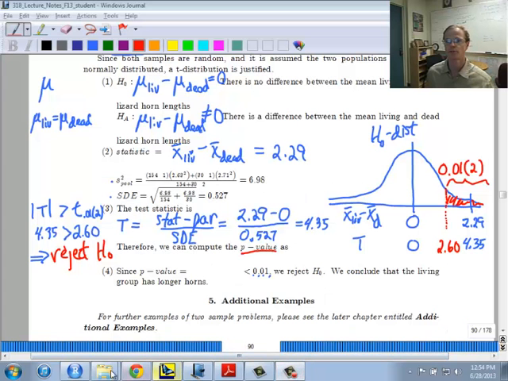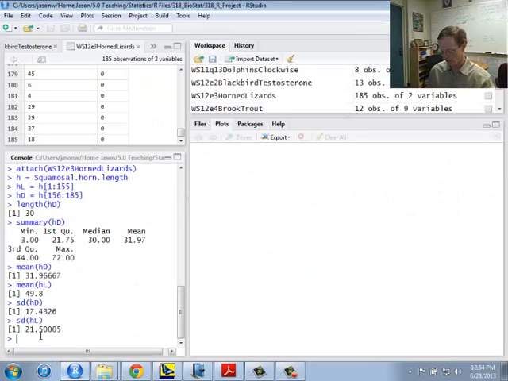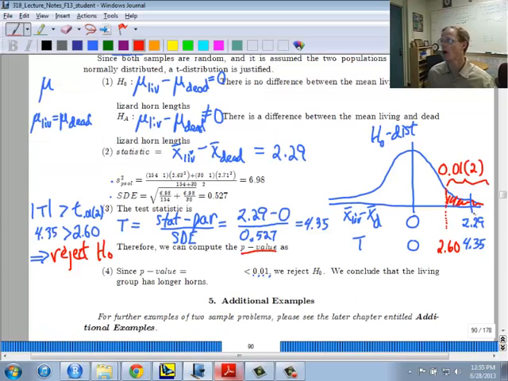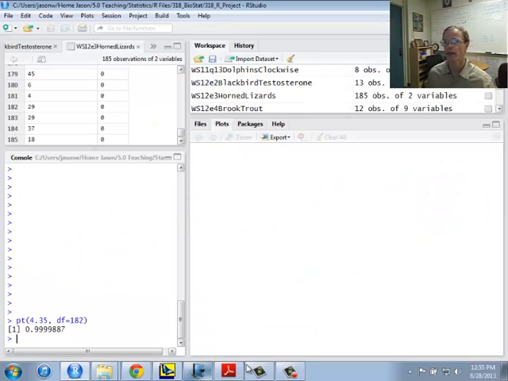So to look at this from RStudio to get that p-value, I want to go ahead and just do pt. We had 4.35 and degrees of freedom was 182. Go ahead and hit it one time. Ooh, I got a 0.999. That's because that's the value I get for the left tail region. That's always the output of RStudio, and you clearly know that by observation.